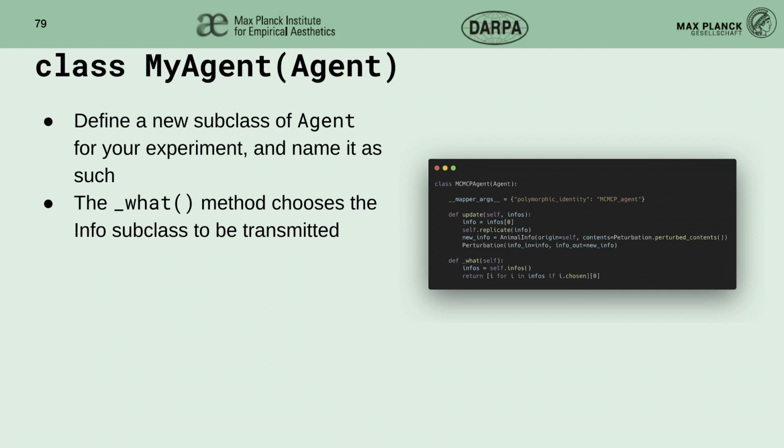So just to speak, when is what called? What is called when that agent is told that it needs to transmit its data to the next person in the network. This is called sort of transparently in Dallinger for you. And by default, what this does is it returns all infos.